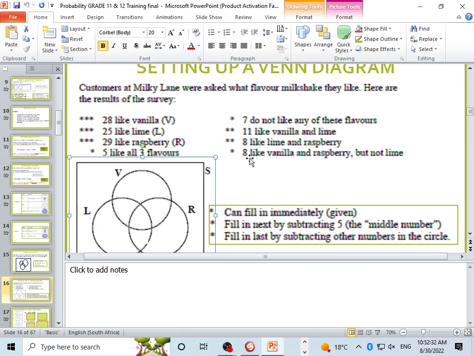Do you think it's safe to start there? I think so, because they say 8 like vanilla and raspberry but not lime. So I know exactly where that one has to go. Can you tell me where that one has to go? They like vanilla and raspberry but not lime. There. Okay, so I can put in an 8 there.